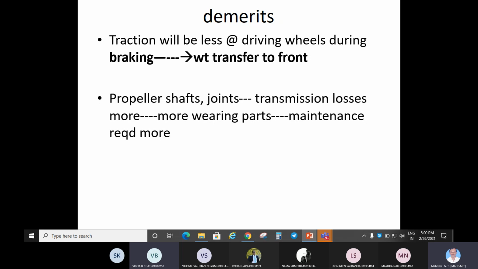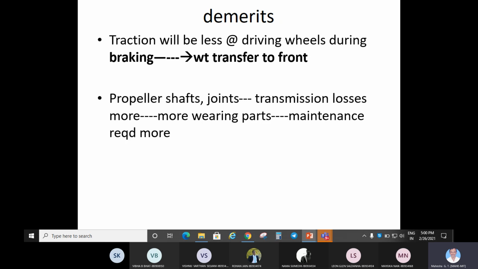Then the propeller shaft or shafts, I told, and universal joints, more in number, will be there. The source to destination, which is nothing but the engine or torque generator to the driving wheels, distance is more, and hence there will be some friction losses. Some slip losses and all that will be there.